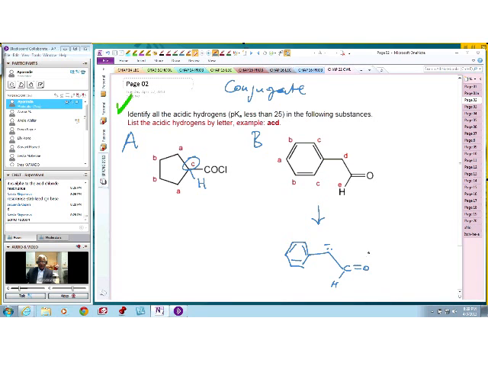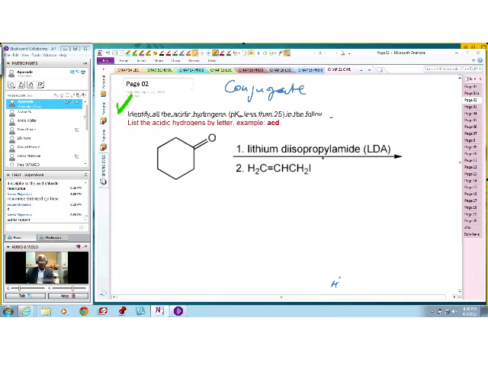So this conjugate base can be stabilized by resonance. You could draw a resonance structure. So this conjugate base is stabilized by these two resonance structures. Very good. Now let's go to the next one.